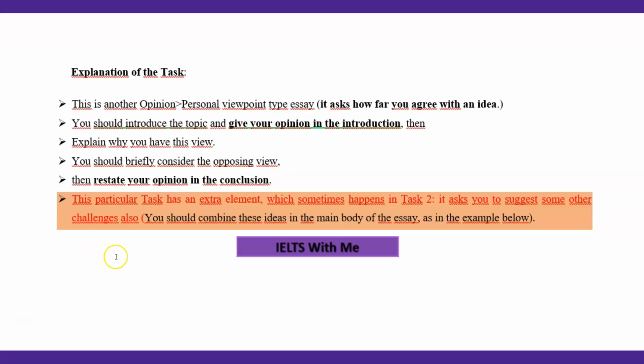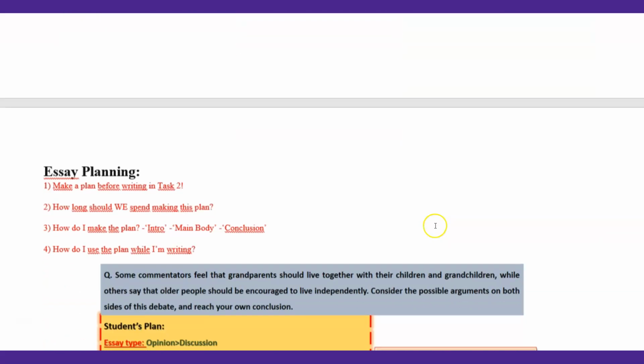Pay attention that this particular task has an extra element, an extra question, which sometimes happens in writing task 2. It asks you to suggest some other challenges as well. So you should combine these ideas in the main body of the essay, and in this regard, pay attention to the sample provided here.